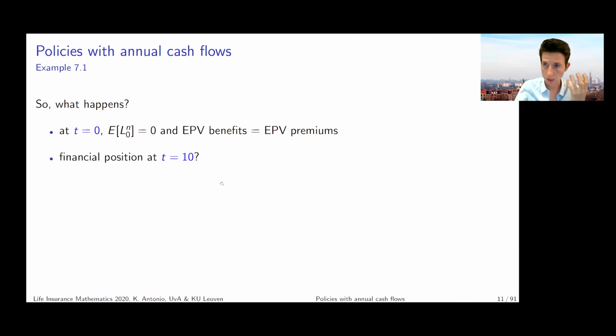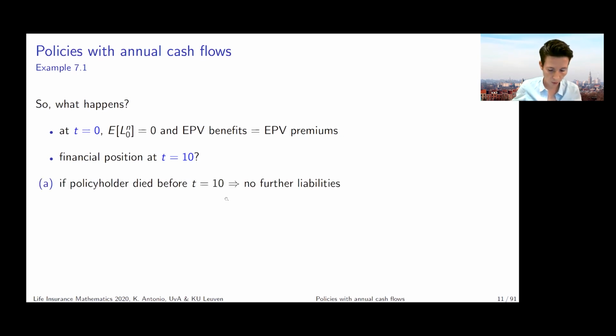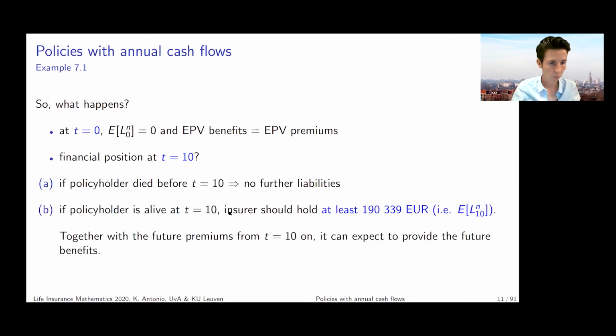So what is, in this case, for instance, if you put yourself at time 10, my financial position? Well, like we already said, if the policyholder died before time 10, there are no future liabilities, so the policy value is 0. But if the policyholder is alive at time 10, then I should hold, as an insurance company, at least 119,339 euros in order to be compliant with the promises that I made to my client.